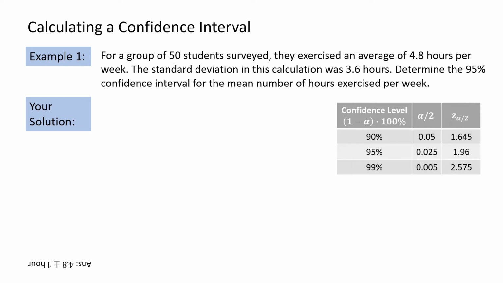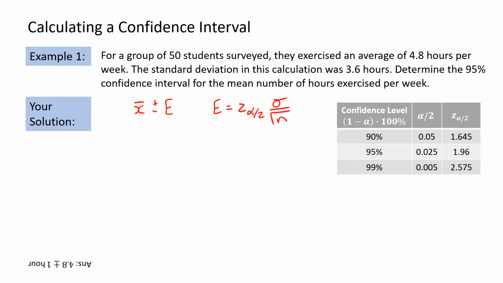Remember, our confidence interval is our mean, x bar, plus or minus our error. And our error is calculated as our z-score of half of our error percentage, times our standard deviation sigma divided by the square root of the number of samples.